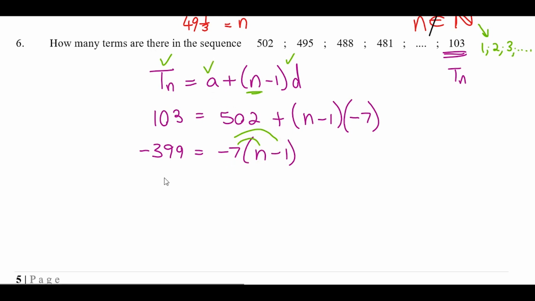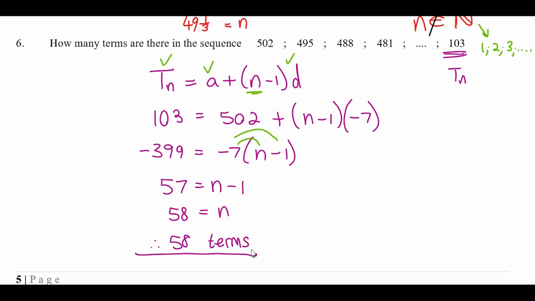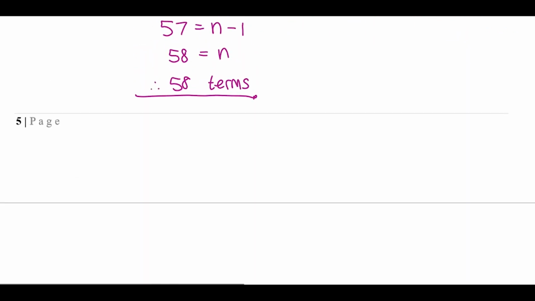If I do that, I get that 57 is n minus 1. Finally, I'm going to add 1 to both sides. So in fact, n will be 58. So there are 58 terms. Notice we're just using one formula and engaging with it in different ways. And that brings us to the end of our first lesson.